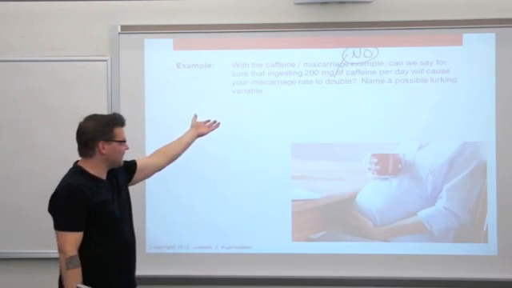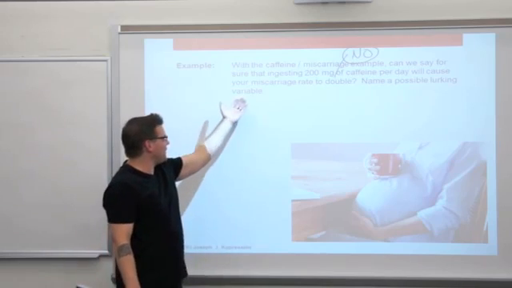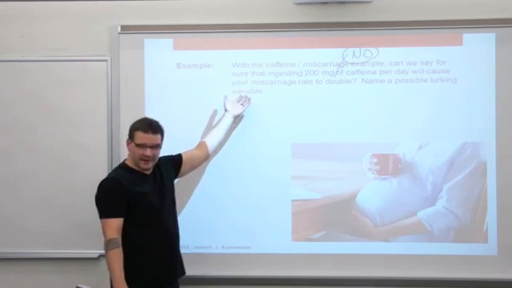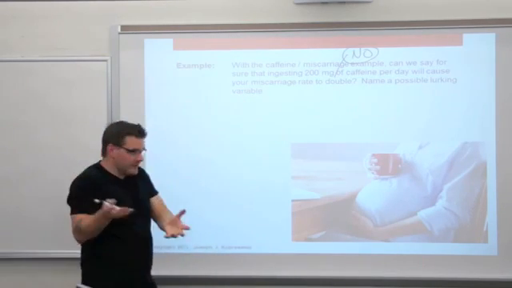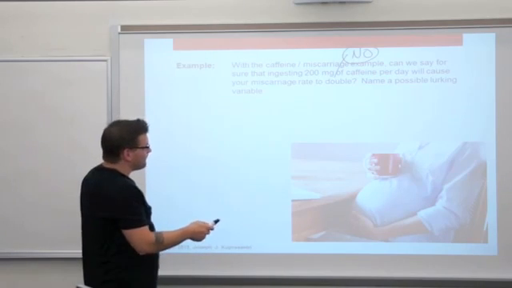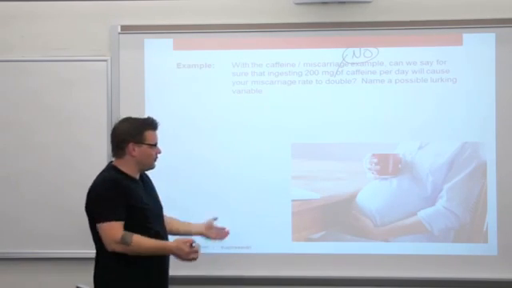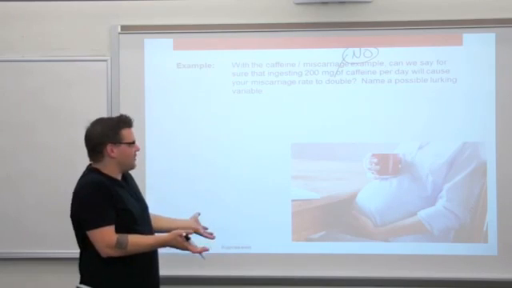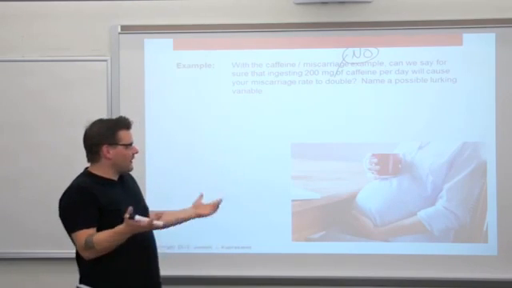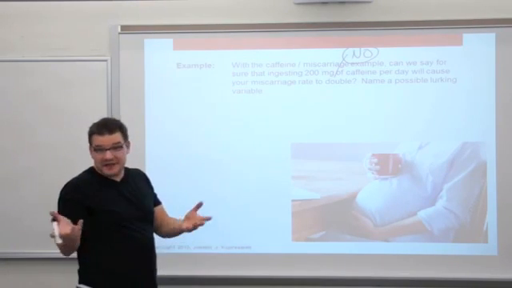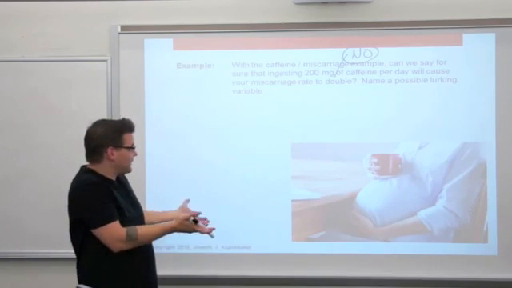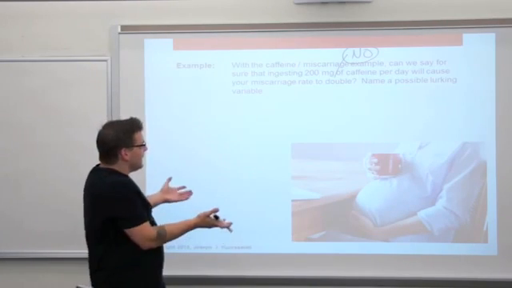Again, name a possible lurking variable. And by the way, there are many possible answers to this. I'm not just thinking of the only lurking variable. One thing I thought of is that women who drink coffee during pregnancy might be more likely to also sneak a cigarette here or there, or even have a glass of wine.